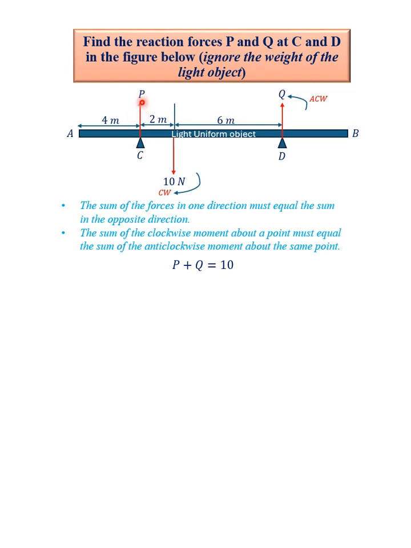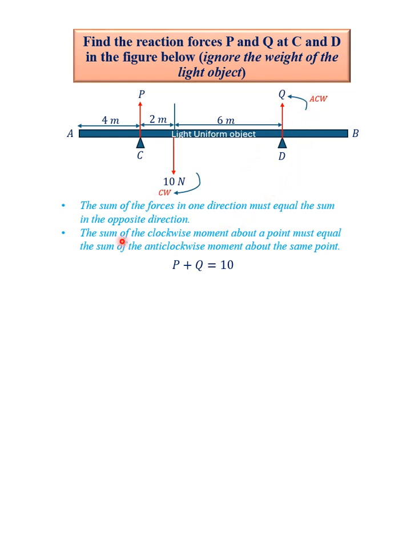The moment of a force about the same point you are taking moments about is 0. So the moment the force P creates about point C is 0 because the force is just at point C. So we are not considering P.